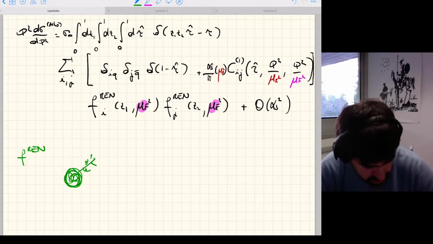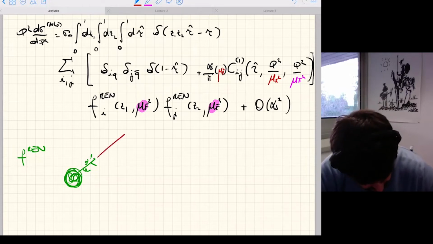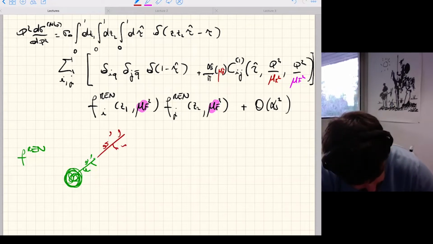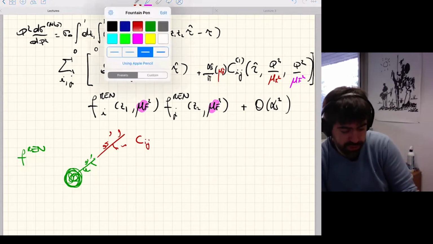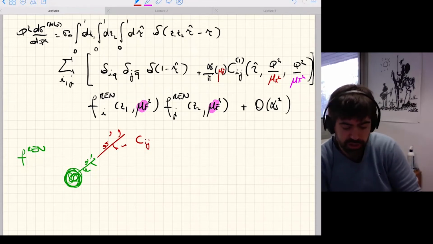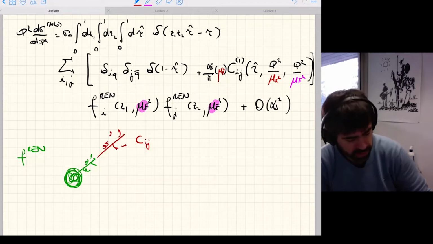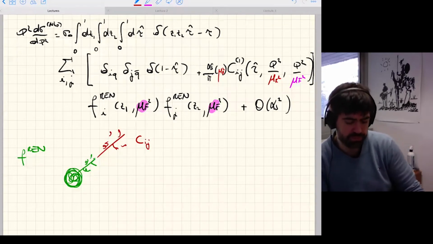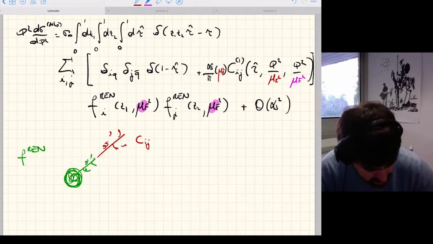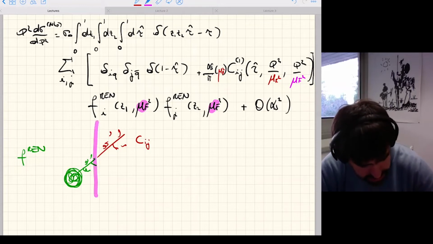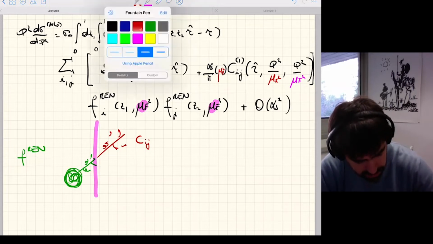Some other radiation instead is put into the coefficient function. The coefficient function receives an order alpha s contribution, which means that some radiation is contributing to this expression. Other radiation instead, I reshuffle into the renormalized PDF. Why do I make this distinction? Well, I make this distinction precisely at the scale mu f.